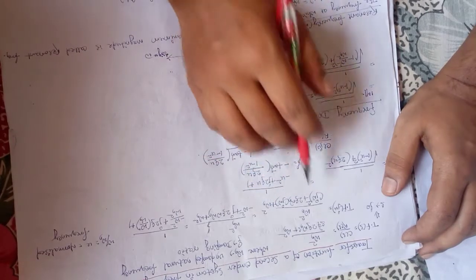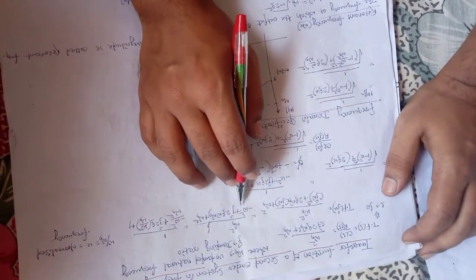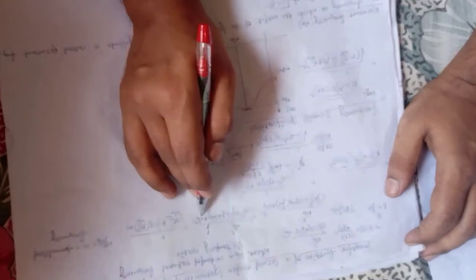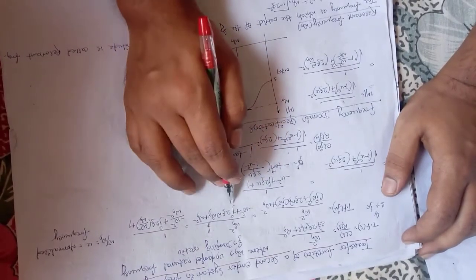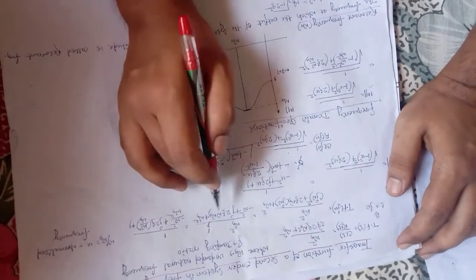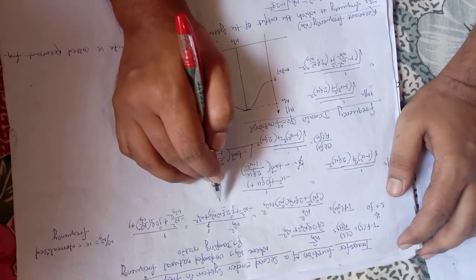As we know, j square is equal to minus 1, we will get this result. Similarly, here it has a real part, that is minus omega square plus omega n square, and an imaginary part, j 2 zeta omega omega n. Here zeta is the damping ratio and omega n is the natural frequency of oscillation.